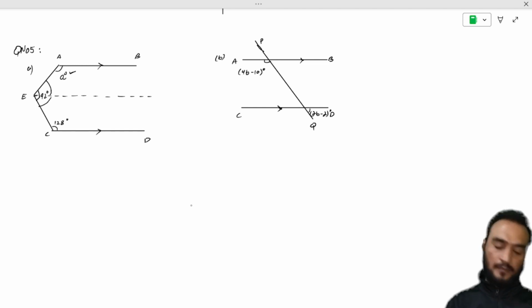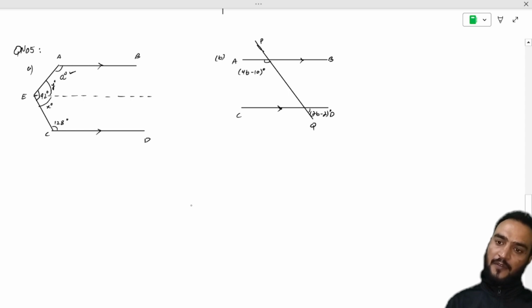So first we find this angle, which is, let us say, x degree, and this angle equal to, say, y degree.